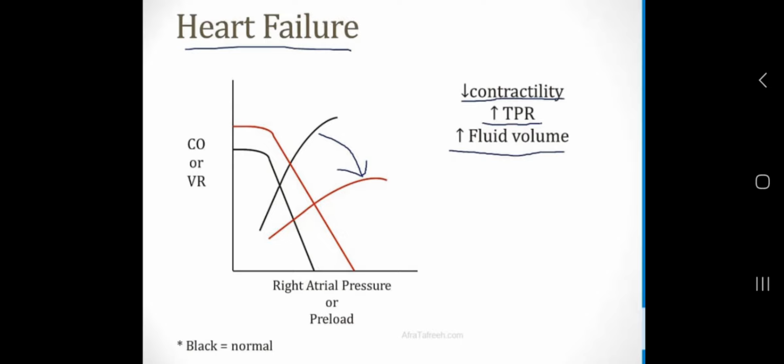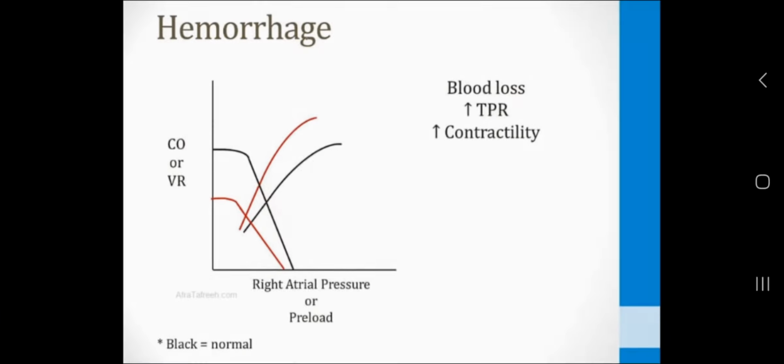With that, cardiac output will be decreased, and total peripheral resistance will be increased, and there will be increased fluid volume.